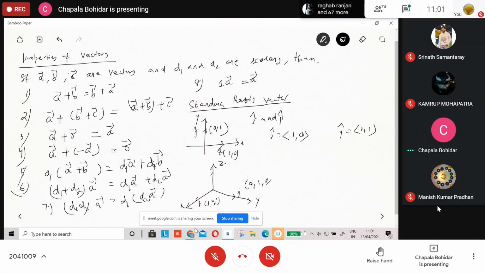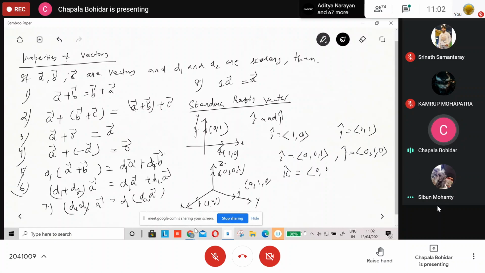And it is k, that is 0, 0, 1. So any vector in V3 or R3, you say, in three dimensions can be represented by i, j, k, where i is equal to 1, 0, 0, j is equal to 0, 1, 0, and k is equal to 0, 0, 1.